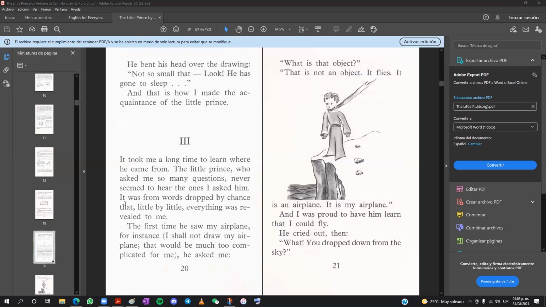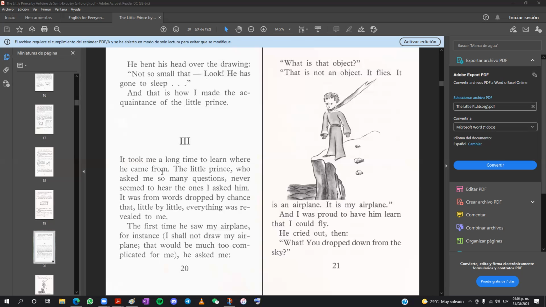Mhm. It was Mhm. from God. words drop by chance by chance that Little by little, Everything everything was revealed. revealed to me. Ok, está ahí.